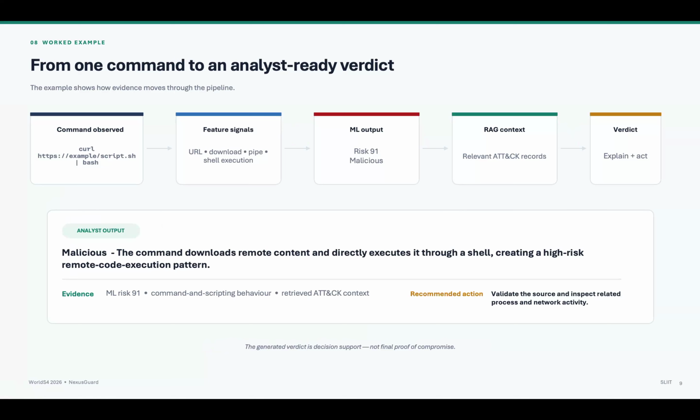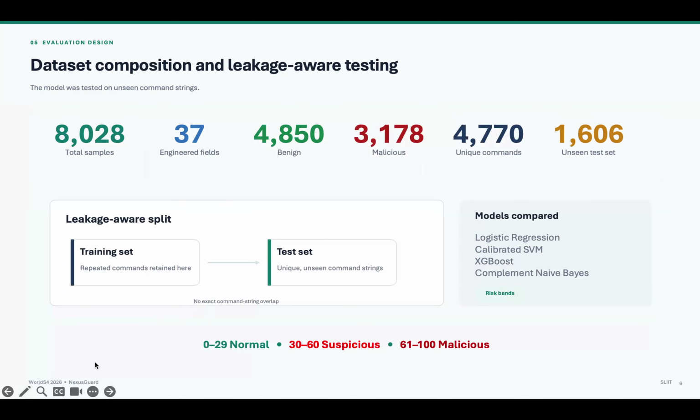Thank you for the question. We have tested it for different sizes of commands. I hear you, that's a valid question. The dataset composition we see here is only for the ML part. There's a separate dataset contained in the ChromaDB and the RAG. Whatever is filtered through the ML is the base filtration.